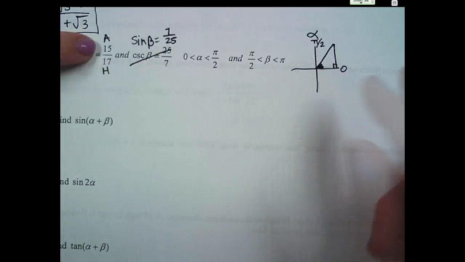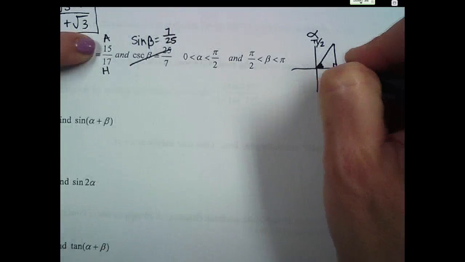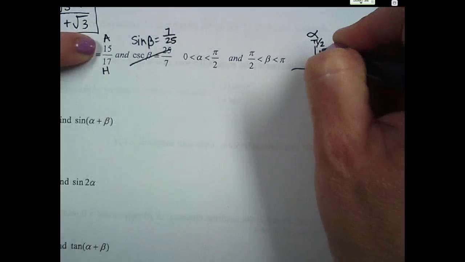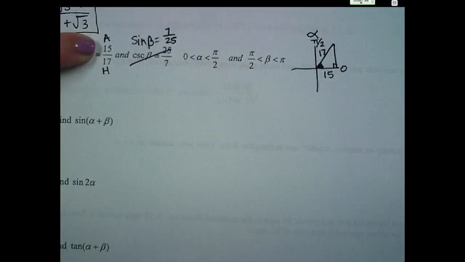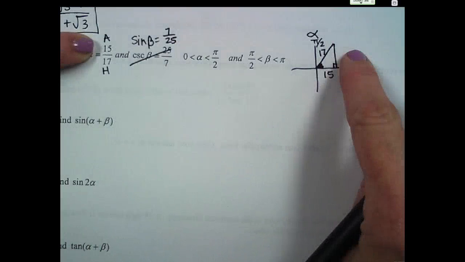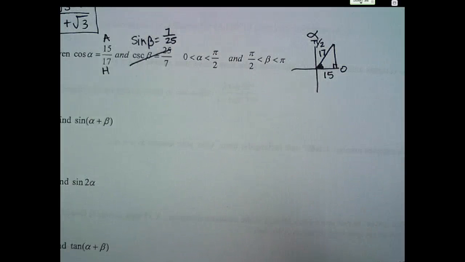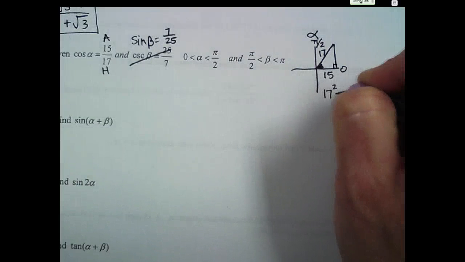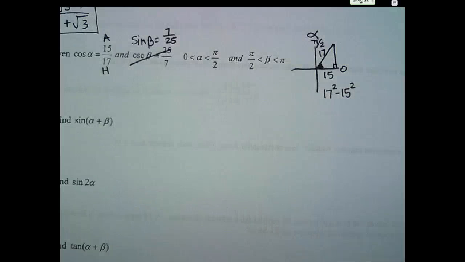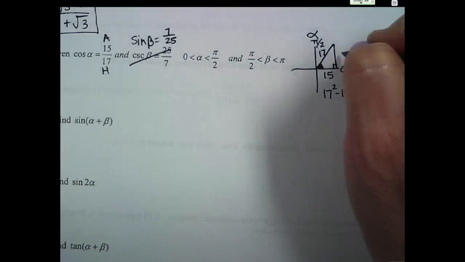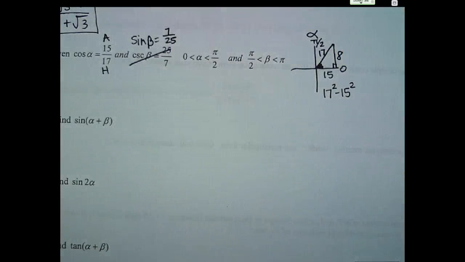So that means that this is 15 and that this is 17. Then you'll be asked to find the other leg. Remember when you have a hypotenuse and a leg, you subtract. So you're taking 17 squared minus 15 squared, which will give you 64. You take the square root of 64, which gives you 8. So now you have all 3 pieces.